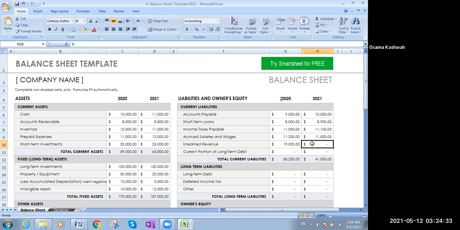And here the unearned revenue is 24,000. Okay, current portion of long-term debt. This also will be, let's say, 58,000, and let's say here they are 66,000.